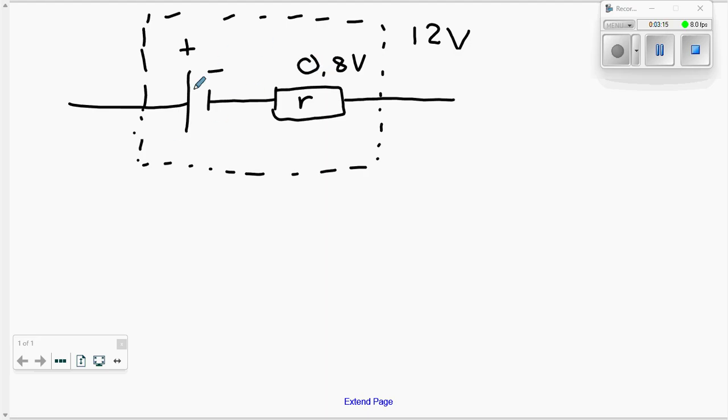How much is this cell actually providing? That would then be 11.2 volts, okay, which would then equal to the 12. So we need to start taking this internal resistance into consideration when we are talking about electric circuits now, okay?